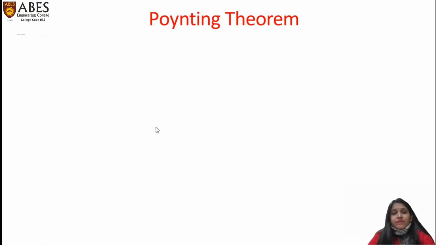So what are we going to study in Poynting theorem? We will be deriving it mathematically, but the basic idea is that, in studying the traveling of EM waves, the Poynting theorem is the mathematical expression that relates energy transfer and electric and magnetic fields.